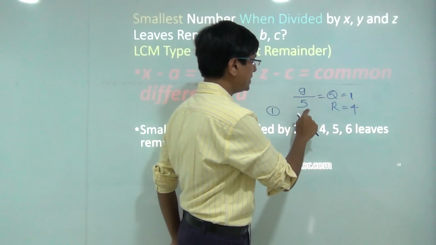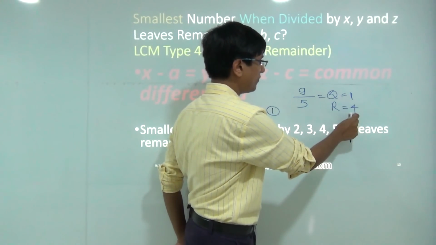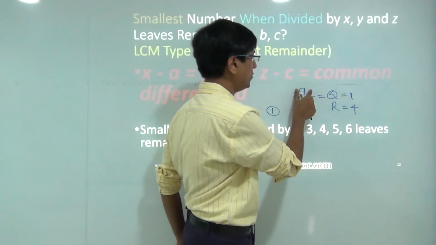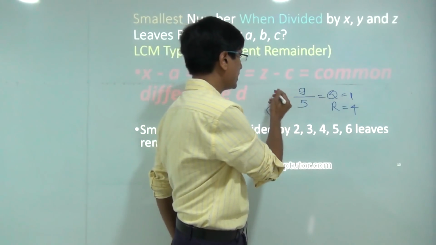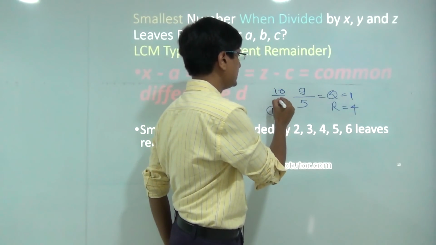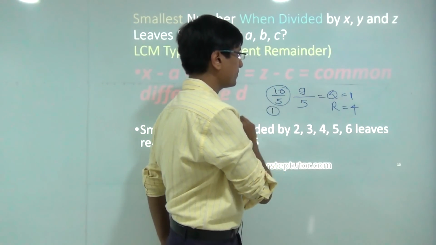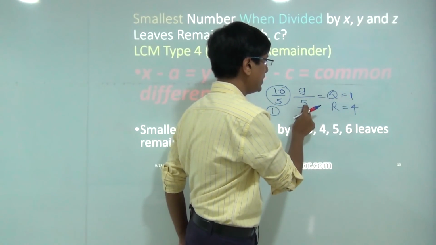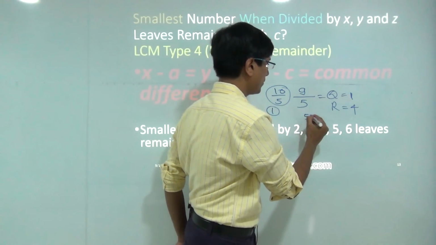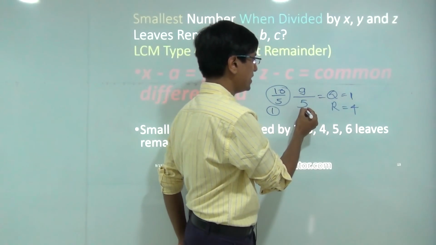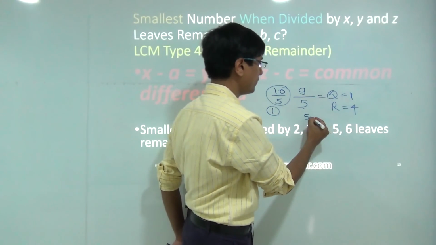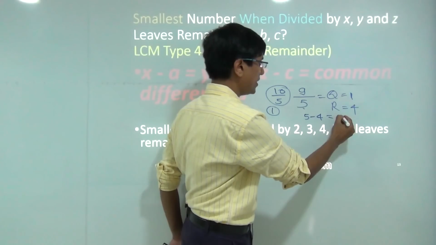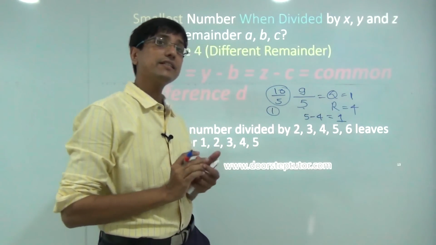If I find the difference between this 5 and this 4, I know that 9 is not divisible by 5. I know 10 is completely divisible by 5. But what if I find the difference between 5 in the denominator and the remainder 4? I get 1. What does this tell me?